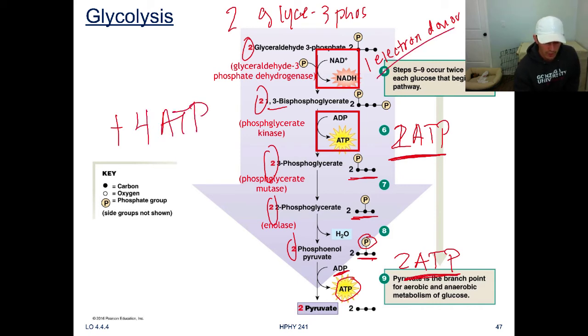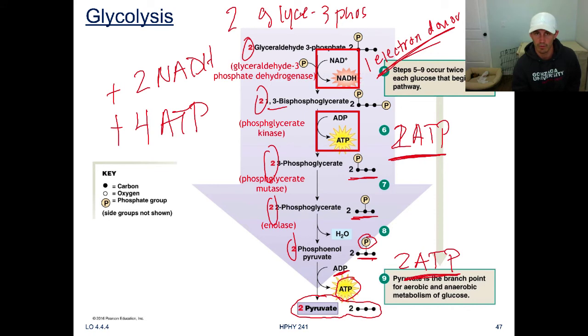Okay, we also generated electron donor, and again, I don't think I highlighted it, but similar to how this step and this step produce 2 molecules of ATP, we generate 2 molecules of NADH. Okay, at the end of glycolysis, we're left with this 3-carbon structure, 2 of them, known as pyruvate.